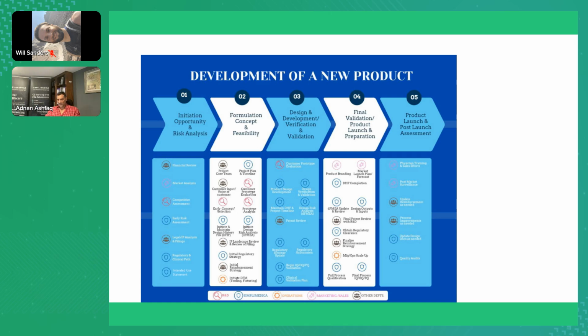And you may or may not be able to see, but the intended use statement is just at the bottom here, and it's right at the beginning of the initiation, opportunity, and risk analysis, where you've got other activities taking place, including patenting your device, having a regulatory and risk assessment and a clinical pathway right up front. And that's all done way before you go into your prototyping.